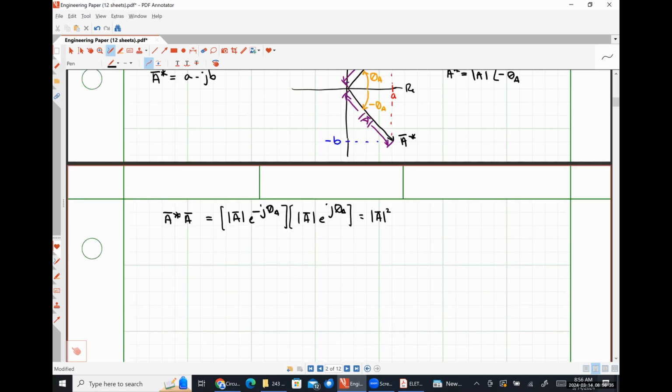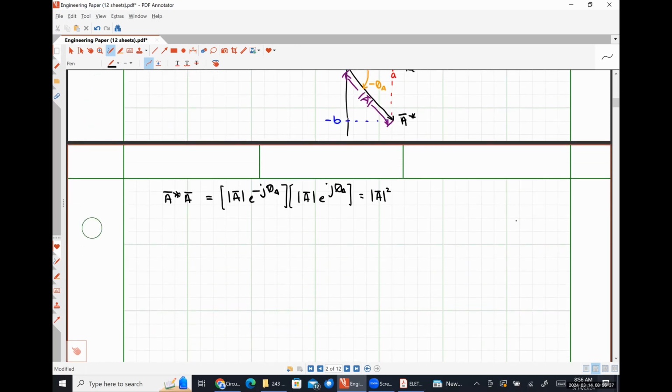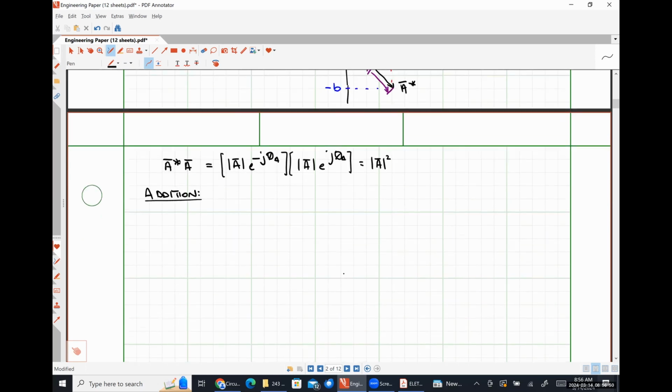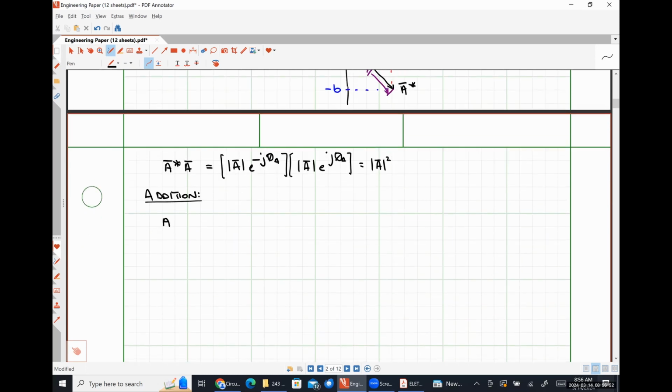All right. So I think we've got a good grasp on the conjugate operation. So now let's go to more generic operations. Let's start with addition. And let's say that I have some complex number A is lowercase a plus j lowercase b. Some complex number B is c plus j lowercase d, like so.